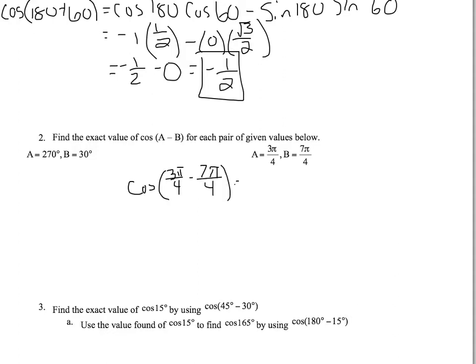I go to the top of my paper and it says cos A, so it's going to be cos 3 pi over 4 times cos B, cos 7 pi over 4, plus sine A, so sine 3 pi over 4, sine B, sine 7 pi over 4.